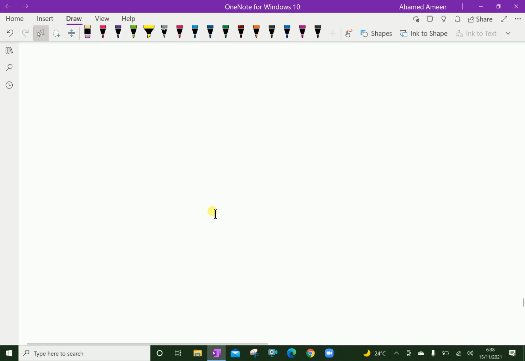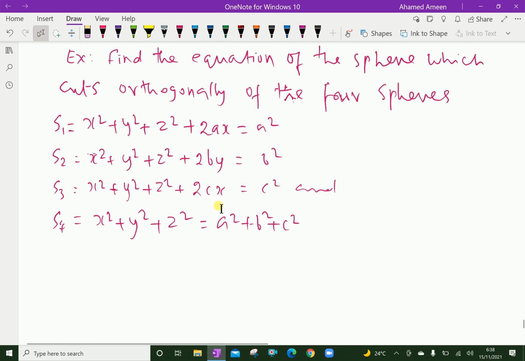Now let us do an example regarding this concept. Look at this. Find the equation of the sphere which cuts orthogonally the four spheres. These four spheres are given as S1, S2, S3, S4. We have to find the general equation.